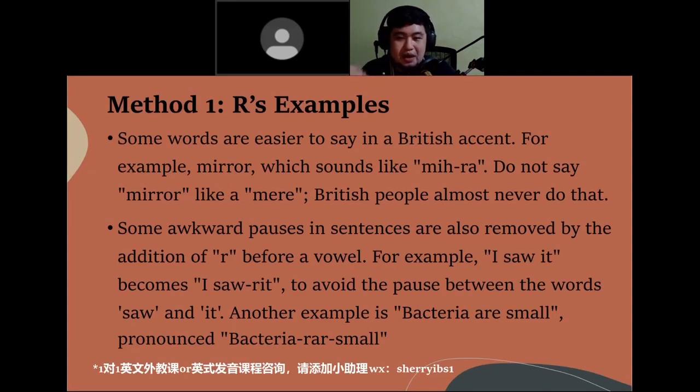Some R's are connecting two words, and always be open to linguistic changes when you pronounce words. Examples: silent R's, always remember that, and connecting words. So let's move on with method 2.